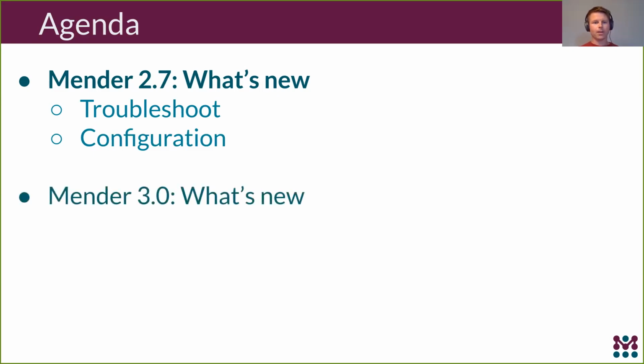Then I will cover Mender 3.0 as well, probably a little more quickly because it's quite a bit of content. I hope to also show a demo of what's new in Mender 3.0. And at the end, we'll have 15 minutes for Q&A, so please sit back and type down any questions you might have along the way.